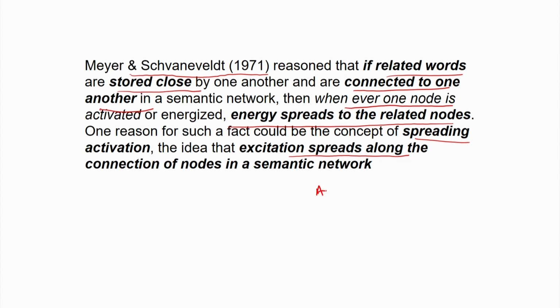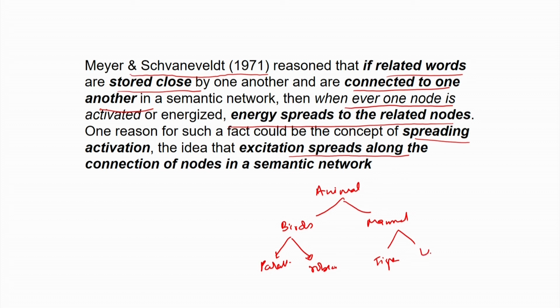So, we have the animal node, and within the animal node we will have birds and mammals, and within the birds we have, let us say, a parrot, and another one, let us say, a robin, and within the mammals we have a tiger and a lion.